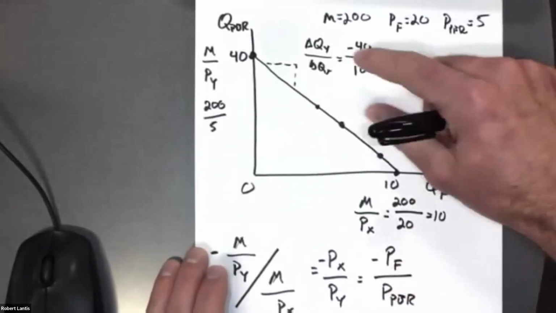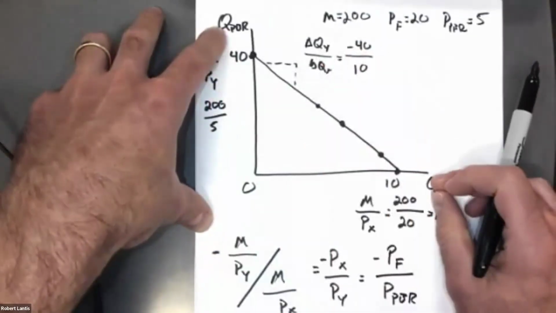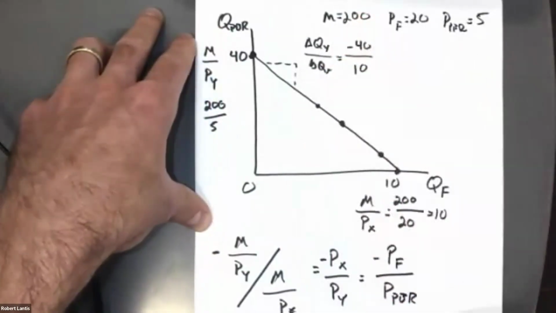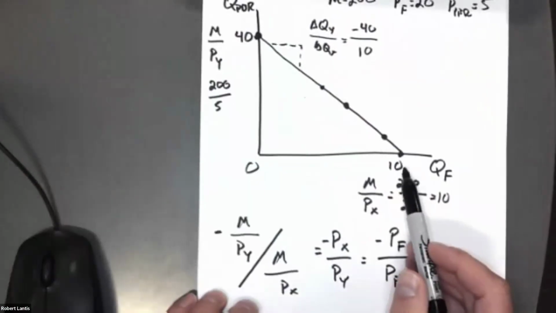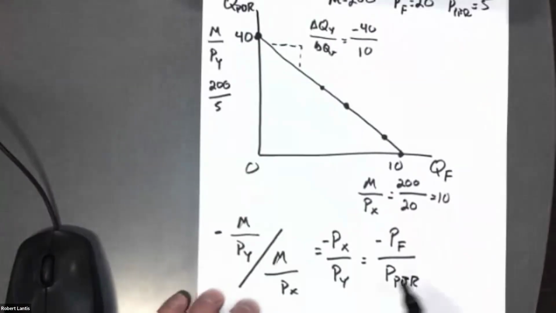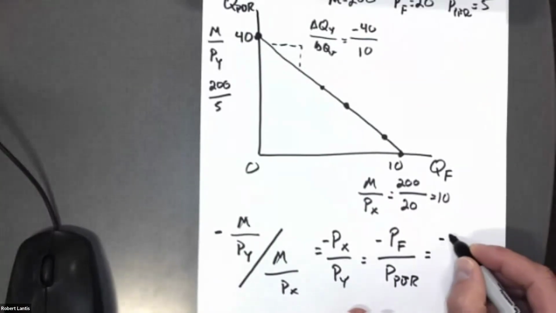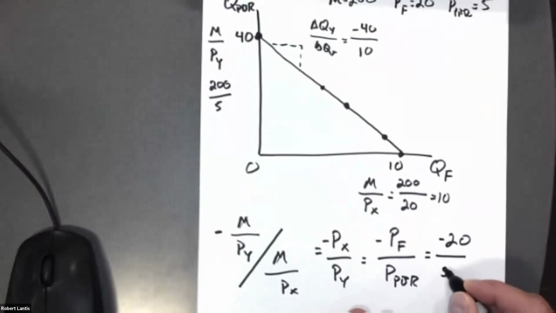So once again, it's kind of the reverse of quantities. When I'm using quantities, that's what's on my x and y axis, so it's the change in the y good over the change in the x good. However, because those extreme points are coming from the fact that I'm taking income and dividing it by prices, the slope will always end up being the relative price of these two goods. Notice, in this case, negative 20 over 5.